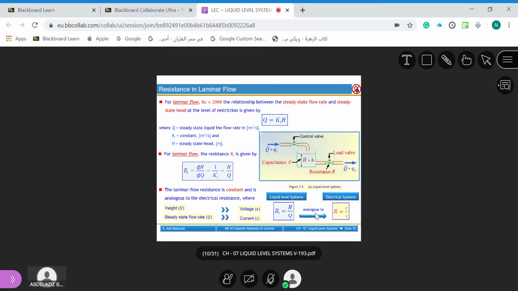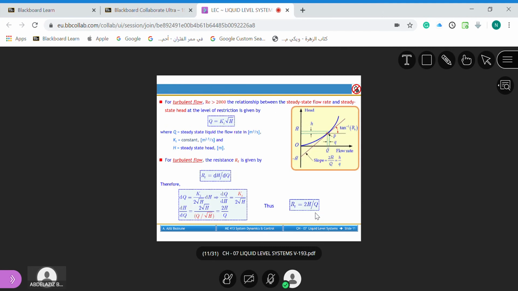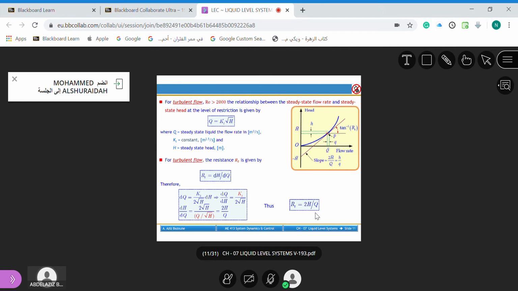In a similar way, we can find the resistance for the turbulent flow, which is given by this relation: Q is equal to KT square root of H. This is for turbulent flow. In turbulent flow, we can also write the equation in a similar way.